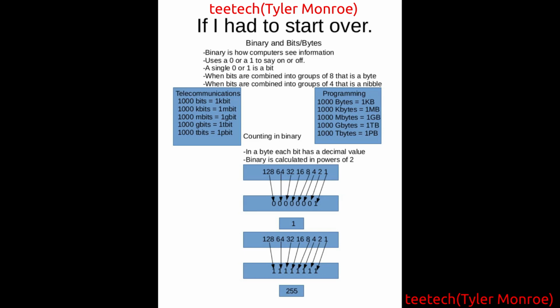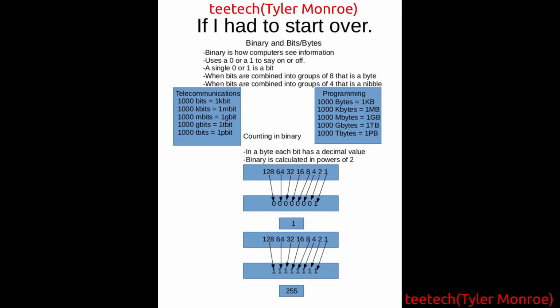On the other side of it, in programming, we use bytes to represent information, not bits. So 1,000 bytes is 1 kilobyte. 1,000 kilobytes is 1 megabyte, okay? 1,000 megabytes is 1 gigabyte, and so on.